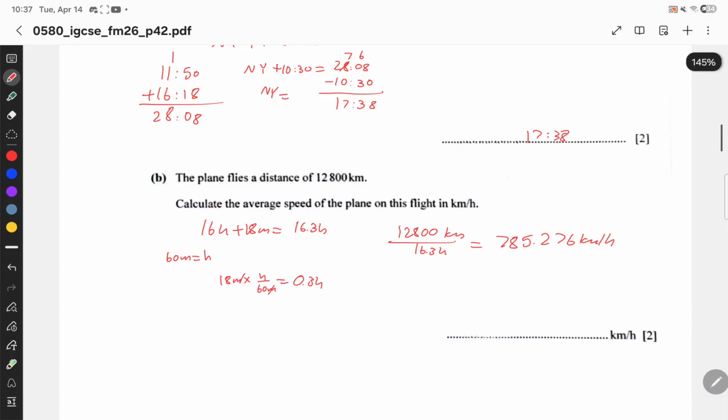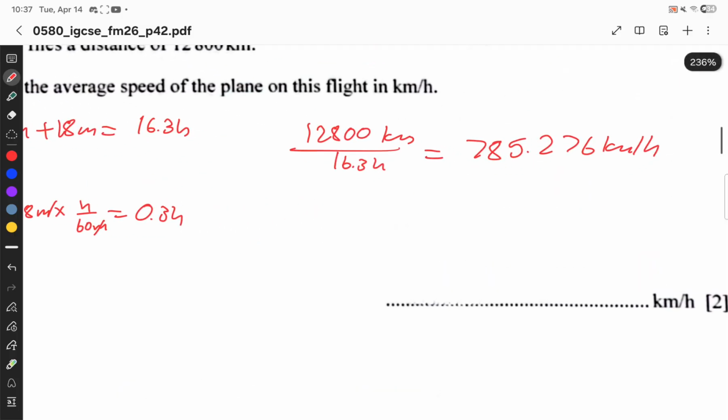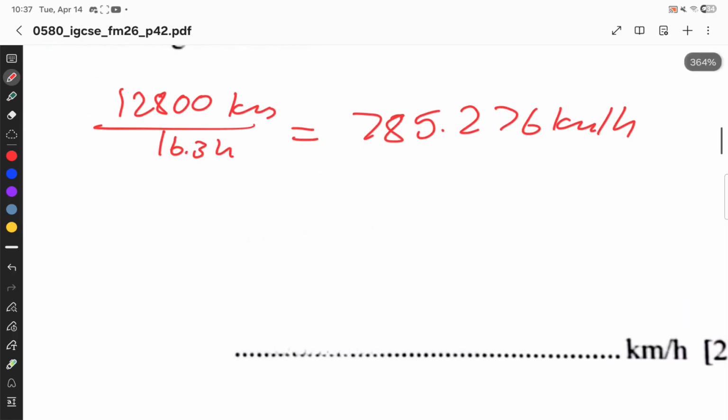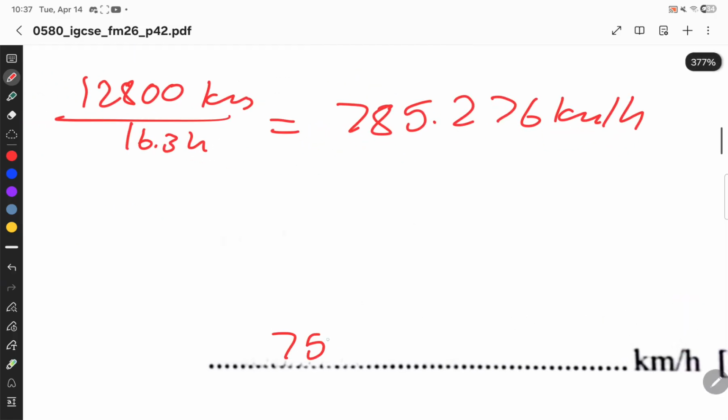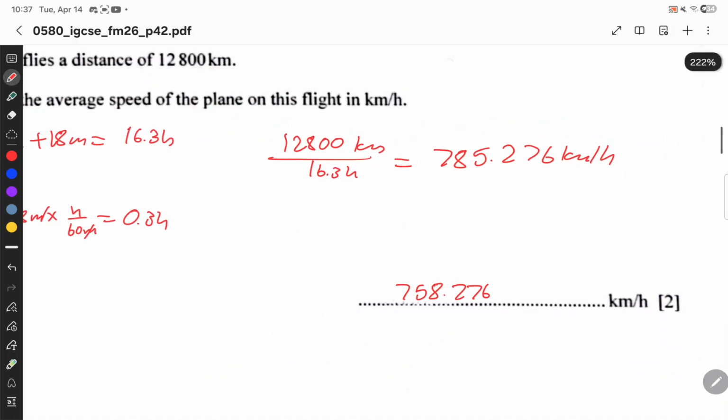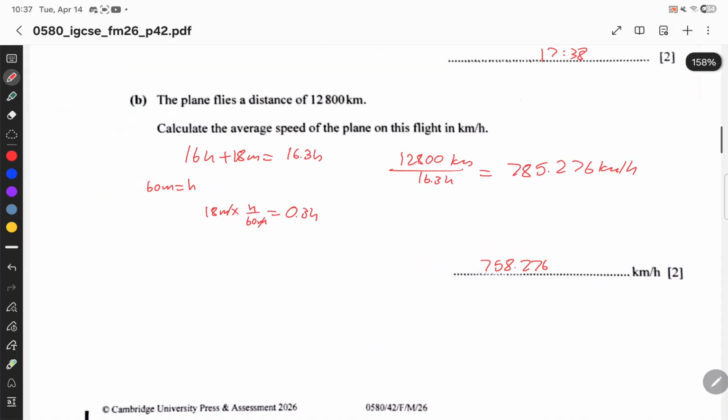Okay, average speed. So I will just write the answer, 785.276 kilometers an hour, up to 3 decimal places, because I do not know the rulings on this. Like, do you have to round or something?